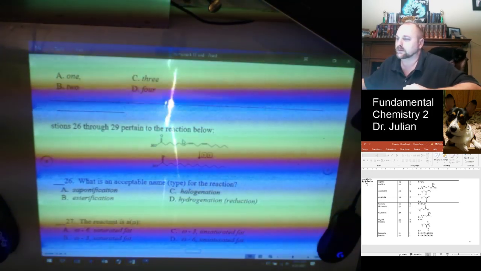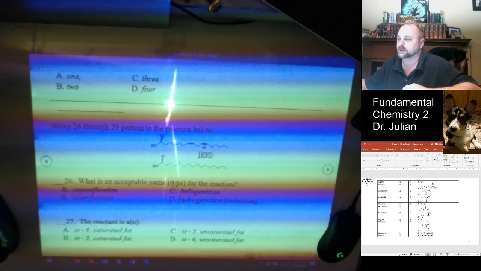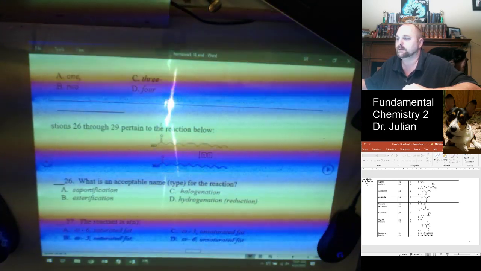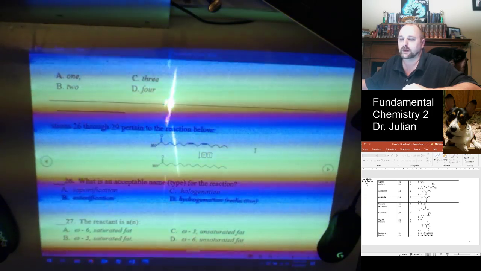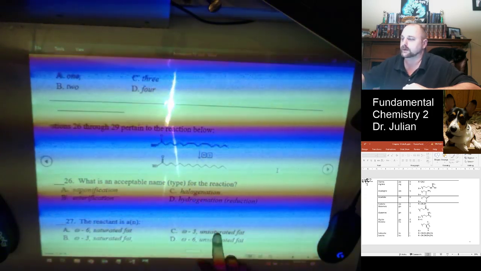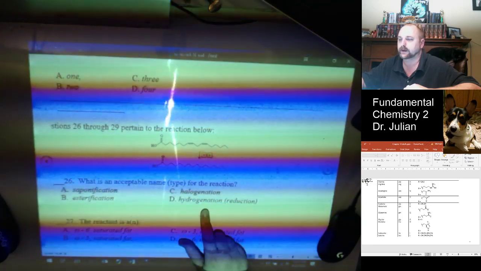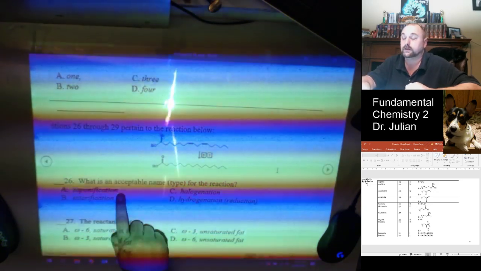Okay, so here's this same kind of reaction. They're asking about this reaction. 1, 2. We went down here. We got rid of all those double bonds, but we're going to keep the carbonyl. So we lost the 2 double bonds. What kind of name is this? That's a hydrogenation or a reduction. Same question we saw before. Okay. A saponification would be making soap.